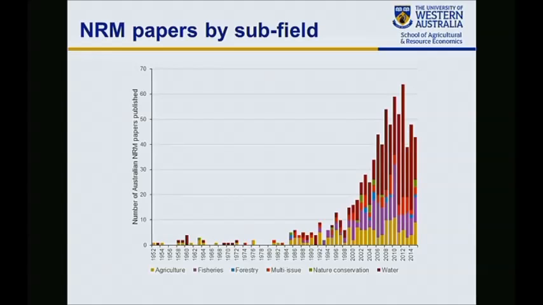There was absolutely nothing on fishing until the mid-80s, and then that's grown quite significantly. So fishing, after starting 30 years after agriculture, has actually caught up in the remaining time. And then the rest, there's little bits and pieces here and there.